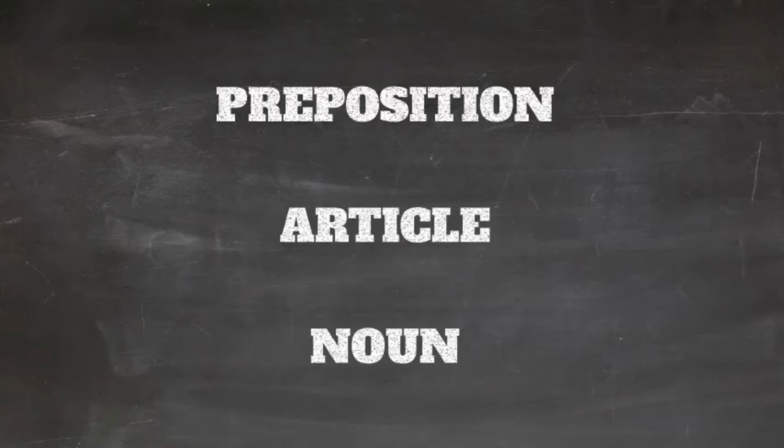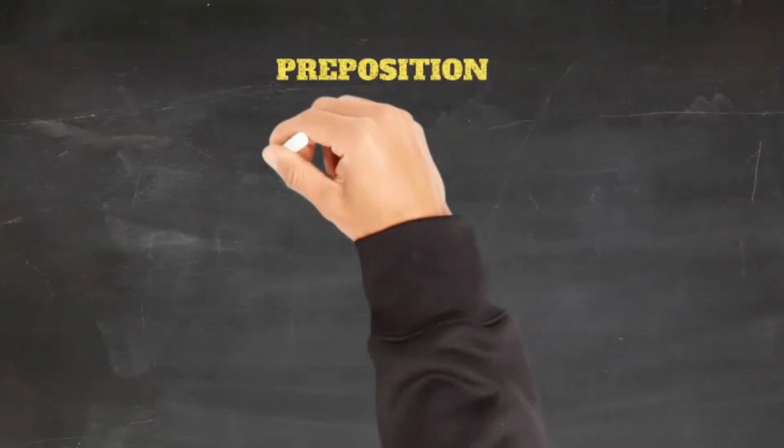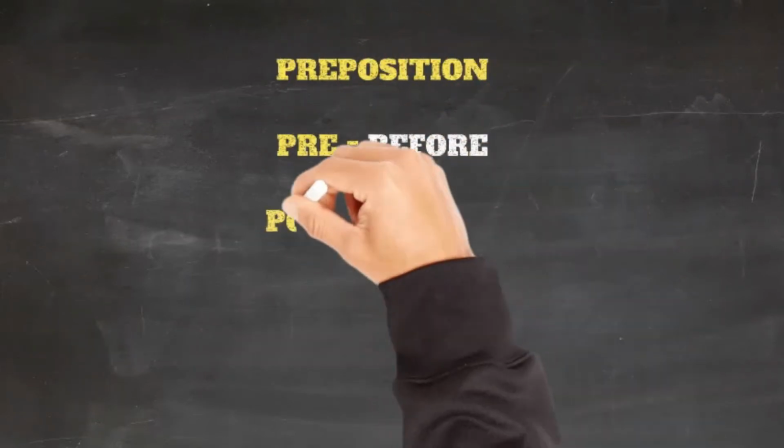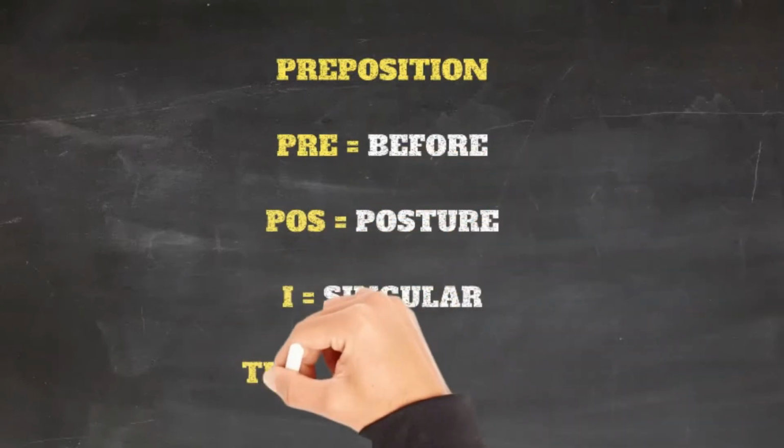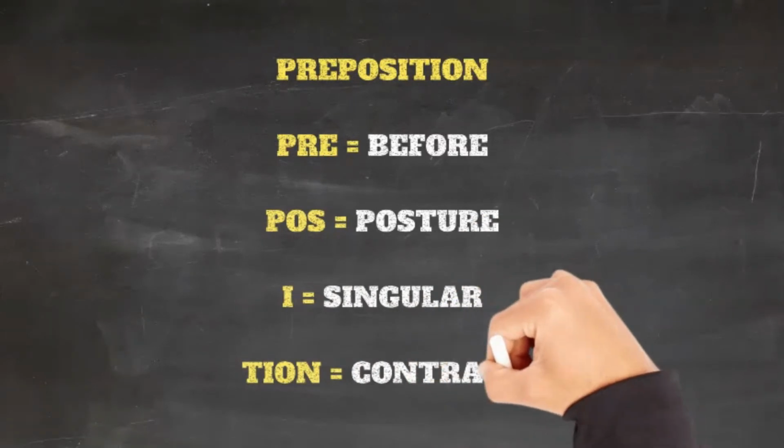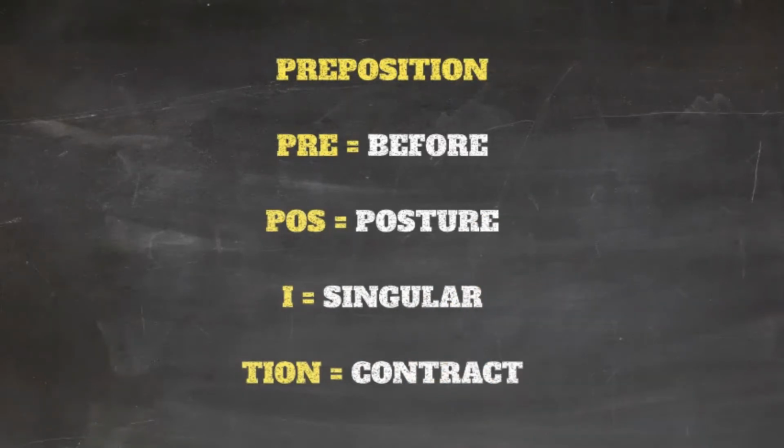So again, let's look and parse these words. Preposition, article, noun. Preposition, PRE equals before. POS equals posture. I equals singular. TION equals contract. I want to pay attention to the prefix in this word.